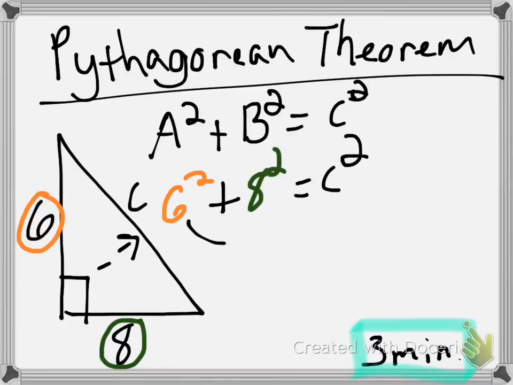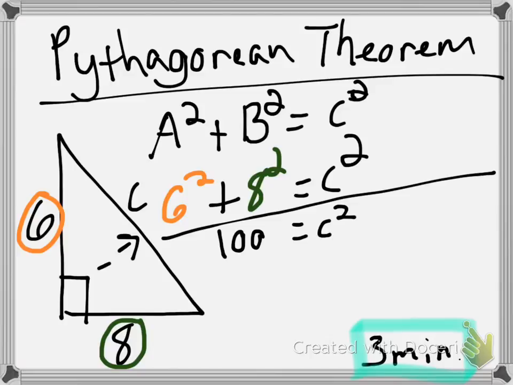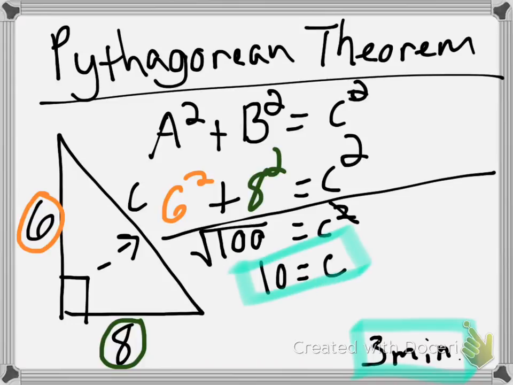So then, from here, I add these two together. 6 squared plus 8 squared is 100 equals C squared. So from there, to simplify, I need to do the square root of 100 to cross out this little 2 on the C. So C equals 10. And that is your Pythagorean theorem, and that's how you found C.